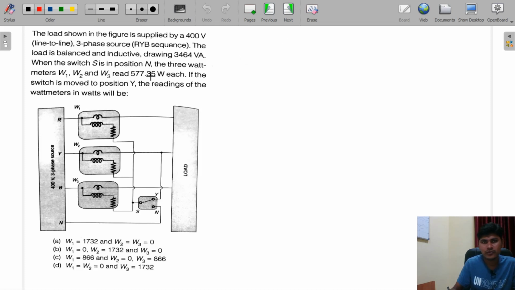As it has a neutral point, this is a star connected load. So let us have a star connected load. We don't have the load images.